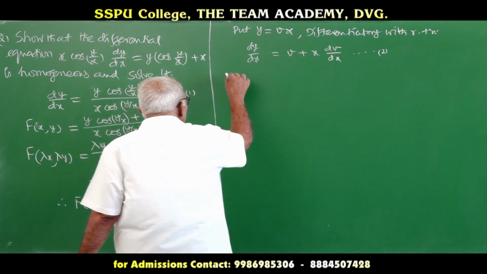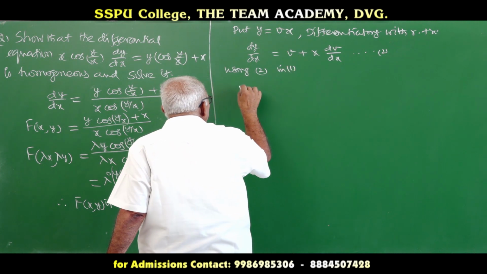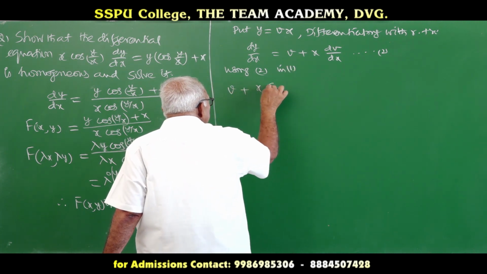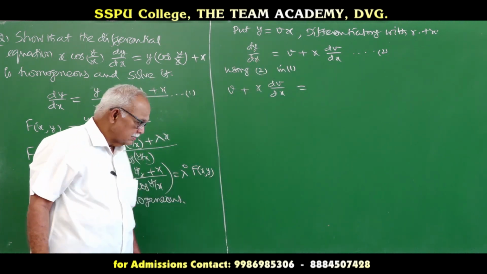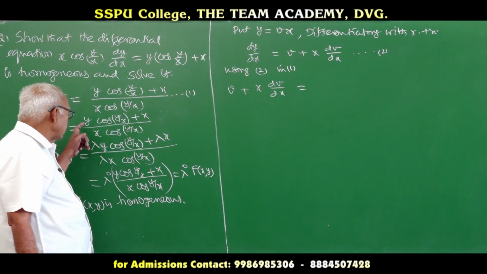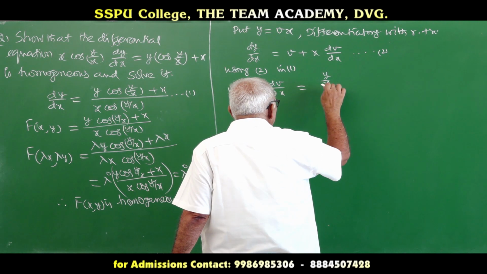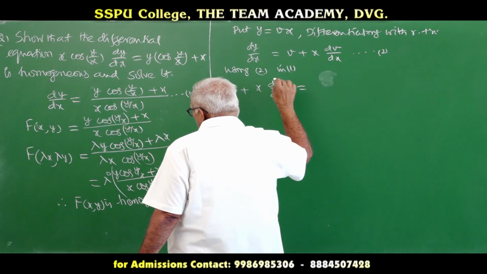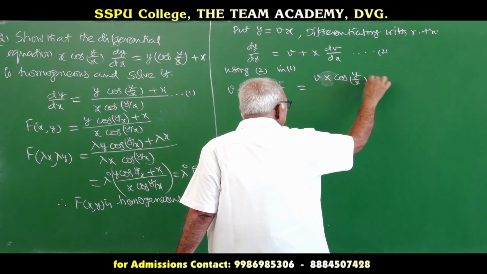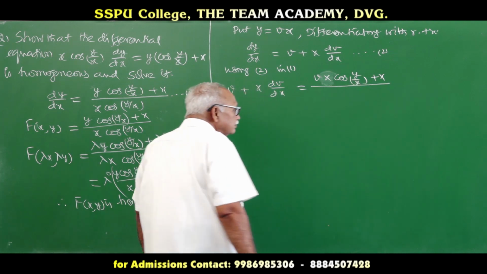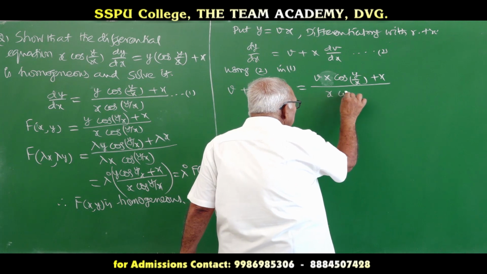So, using 2 in 1, v plus x dv by dx, because for dy by dx we have substituted this. Now, here you can write y by x, y is equal to Vx, Vx into cos of y by x plus x divided by x into cos of y by x.